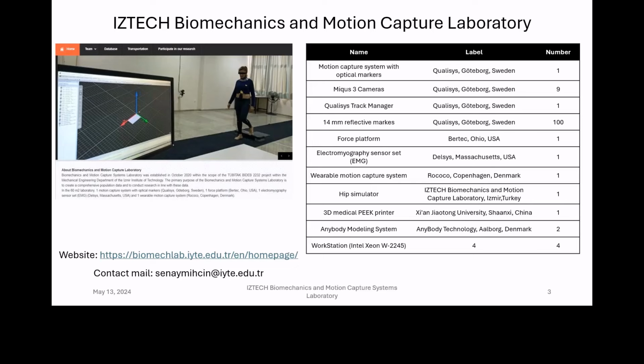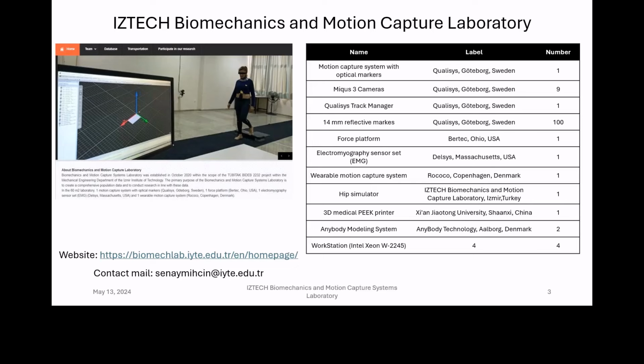So I was basically in the United Kingdom for 15 years, and recently I got back, so I received the funding. So I started this lab, and we have a Qualisys system in our laboratory. So we have 9 micros cameras and 1 tracking camera, and 14 millimeter reflective markers are utilized for these experiments.